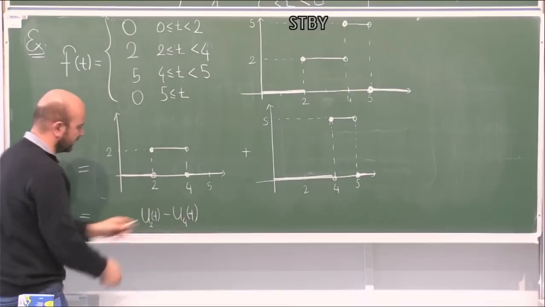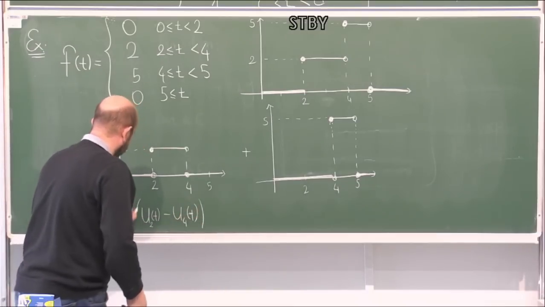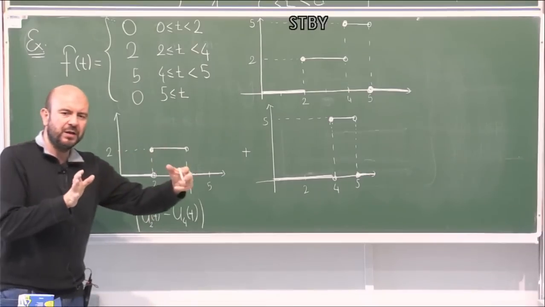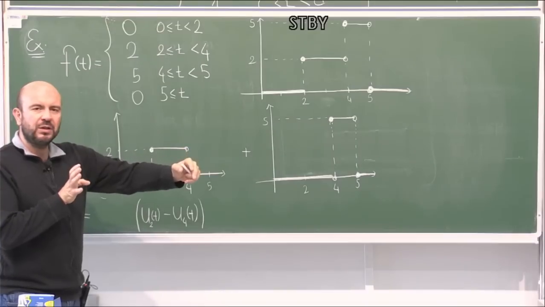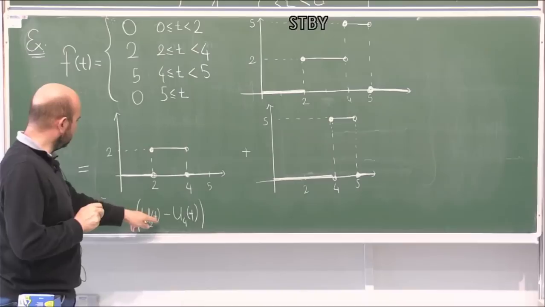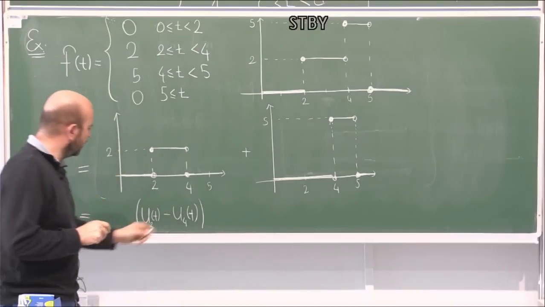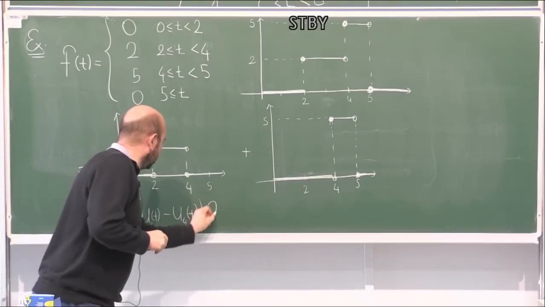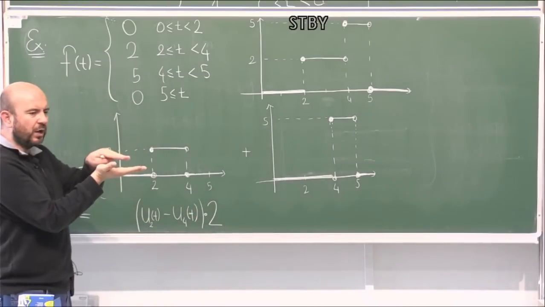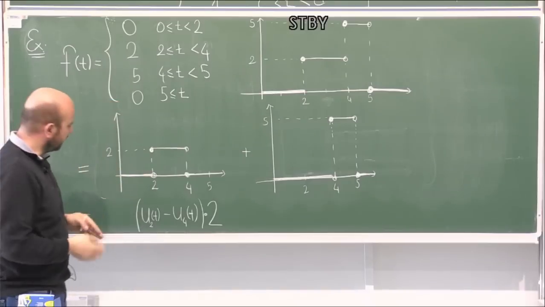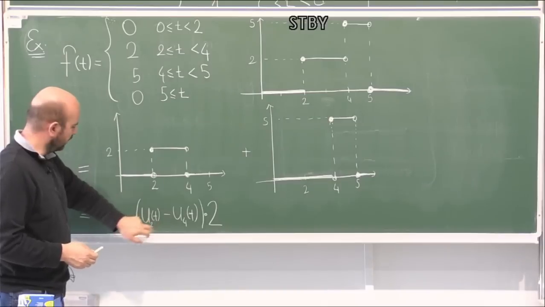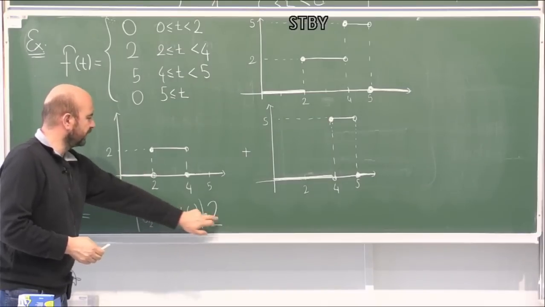So this is a signal which is 1 between 2 and 4, and the rest is completely 0. But my signal is not 1, my signal is 2, so if I multiply this function by 2, I make my signal not 1, but 2. That means this signal can be written as 2 times u_2 minus u_4.